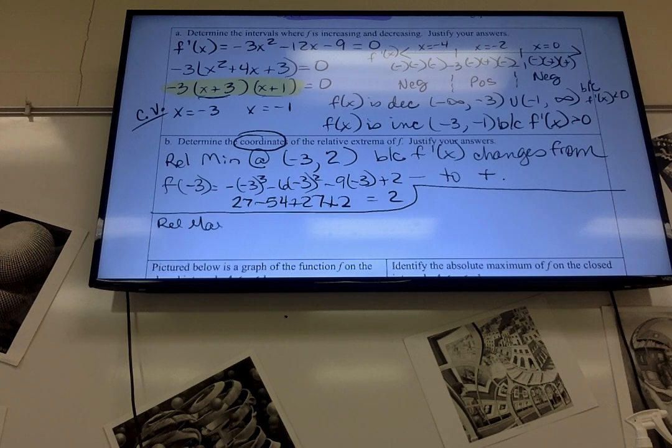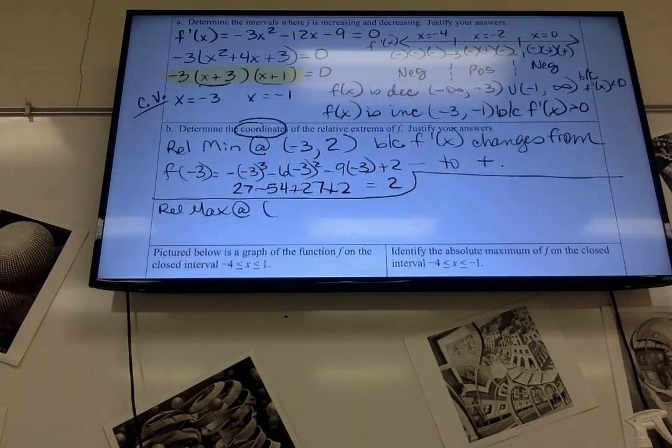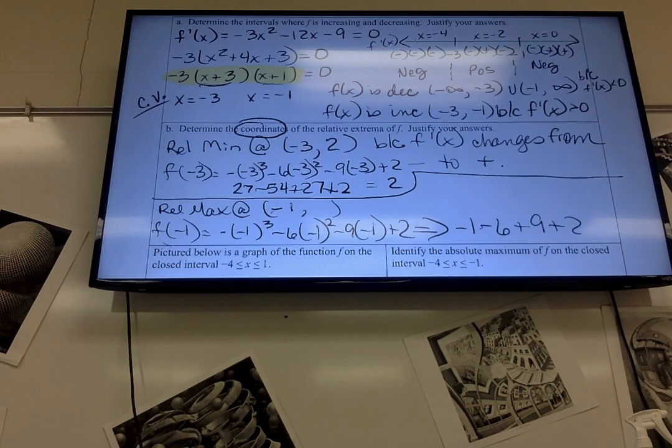And we have a relative maximum at, we're going to plug in, this time it's 1, no, -1. F of -1. It's negative 1 minus 6 plus 9 plus 2.